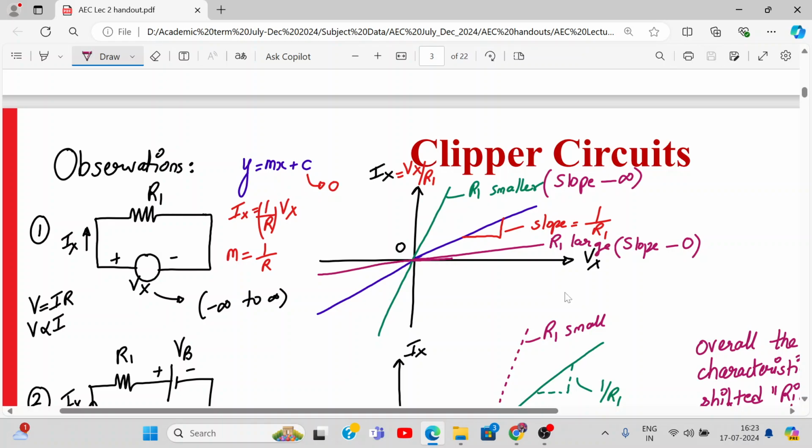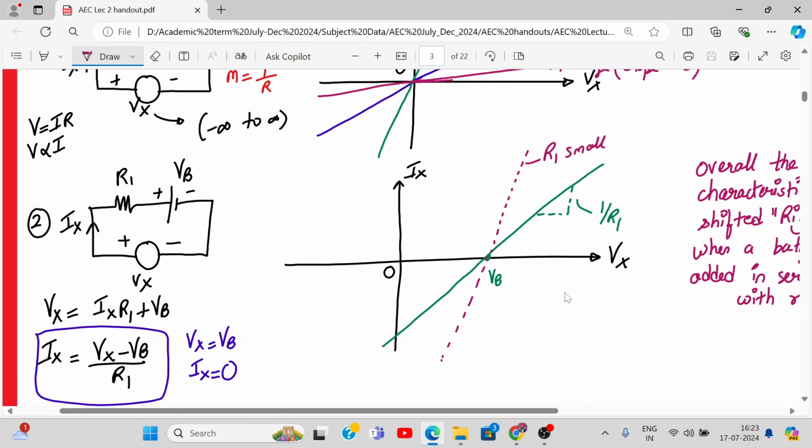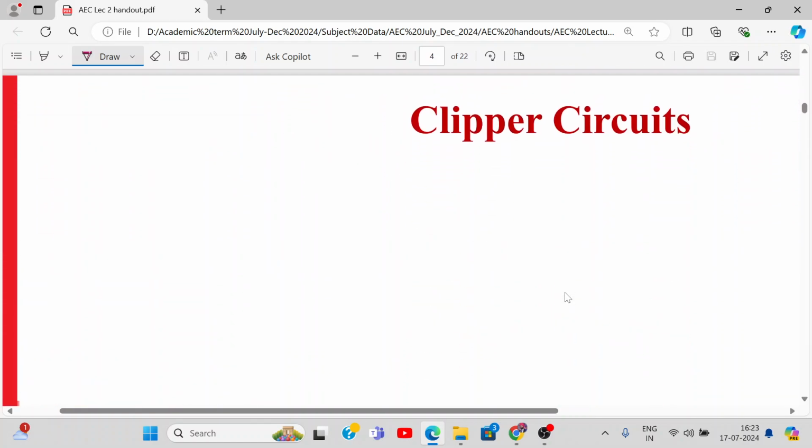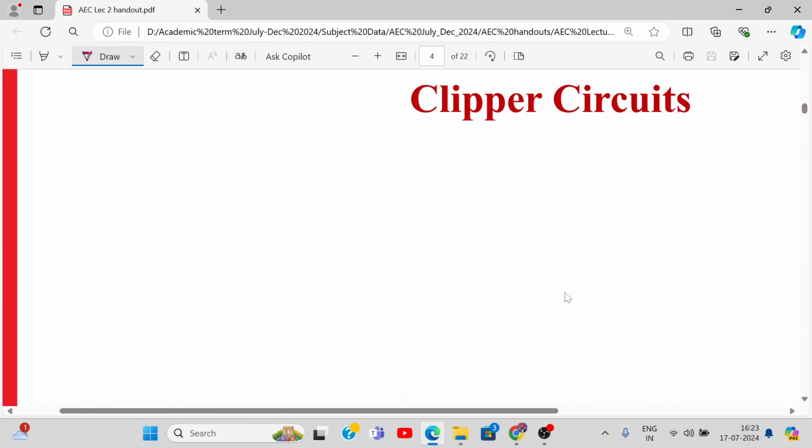So with these observations, we will now start with the clipper circuit. Are you all ready? Observations 1 and 2. So let us start with clipper circuits.